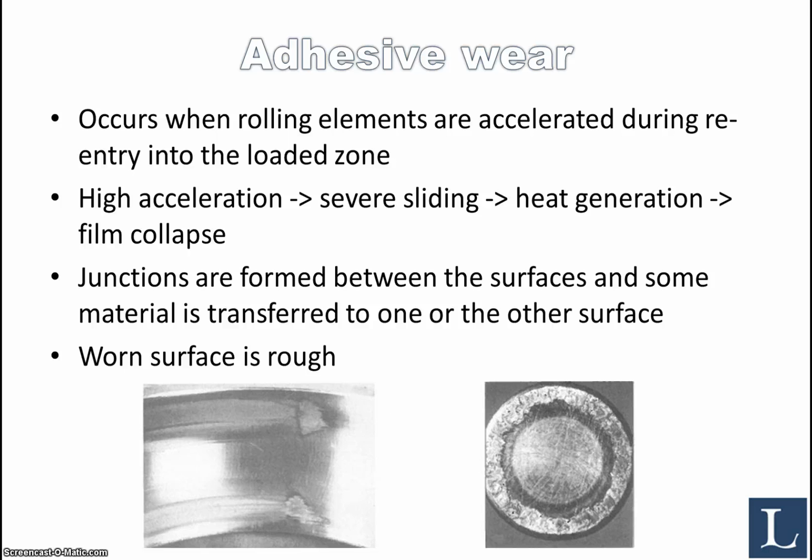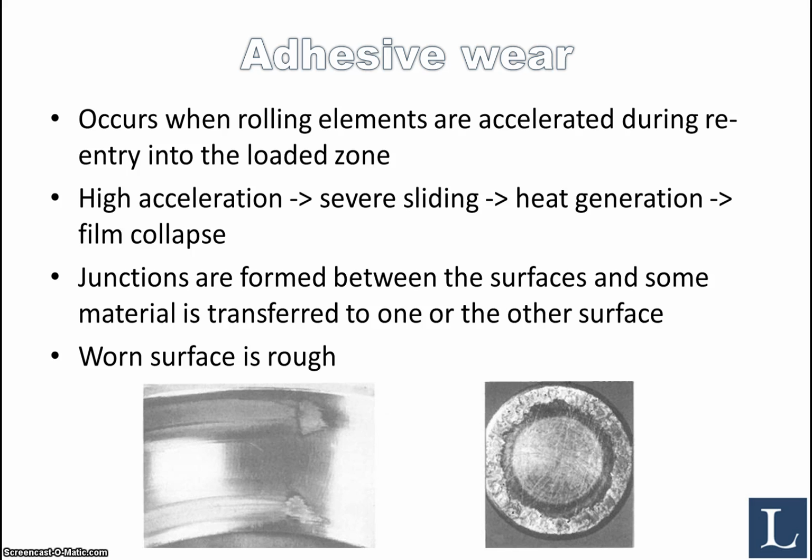Adhesive wear can also be found in rolling element bearings, and adhesive wear is when you have, for instance, two metallic materials, steel on steel for instance, and you form strong bonds between the surfaces, and you basically take away material because the bond between the surfaces is stronger than one of the materials' internal strength.